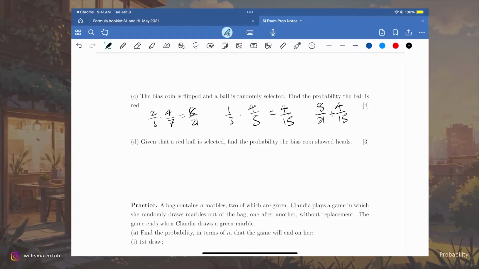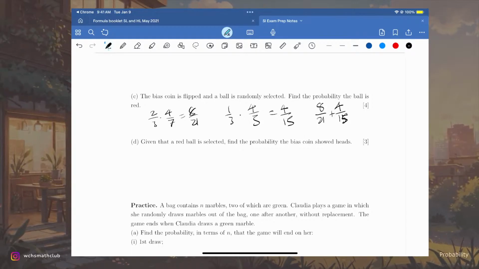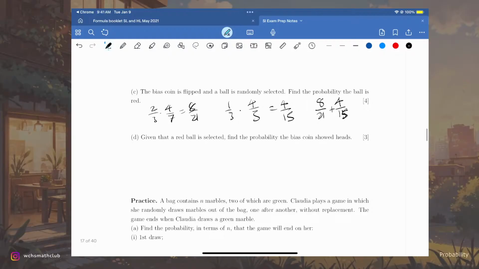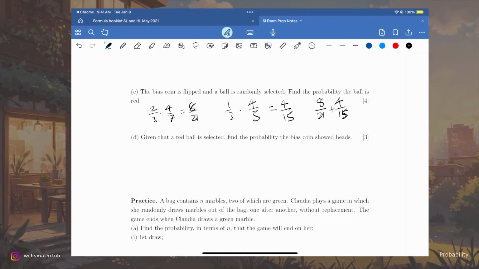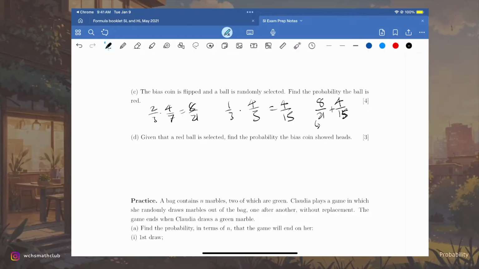Now at this point, a lot of people don't know how to add fractions, so I'm just going to go over that real quickly. We're going to simplify everything to the common denominator, right? So that would be 105, I think. Yes, 105. Or actually, you could just enter this into your calculator and convert it into a fraction.